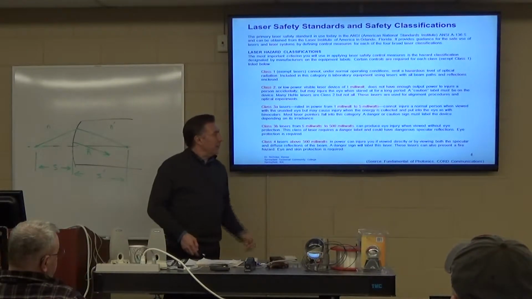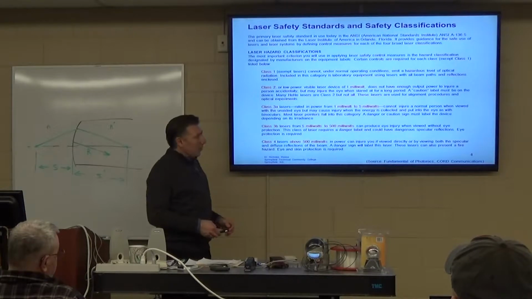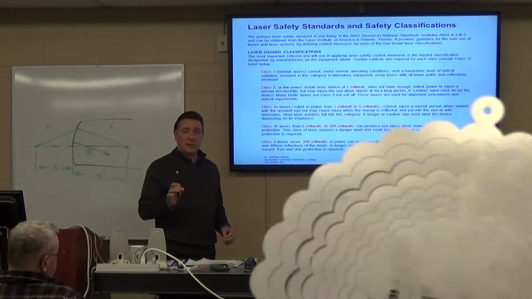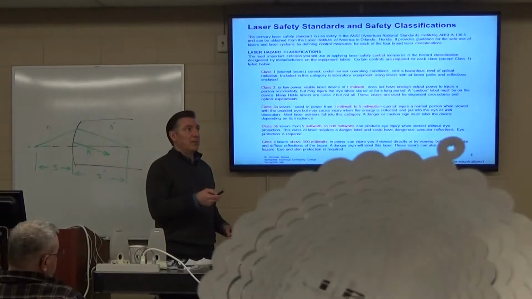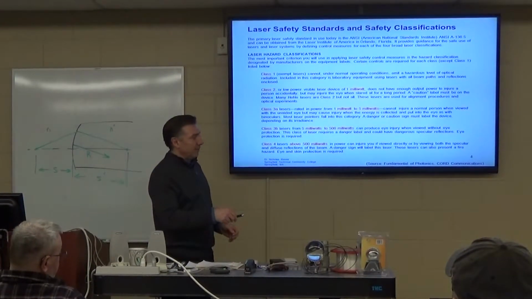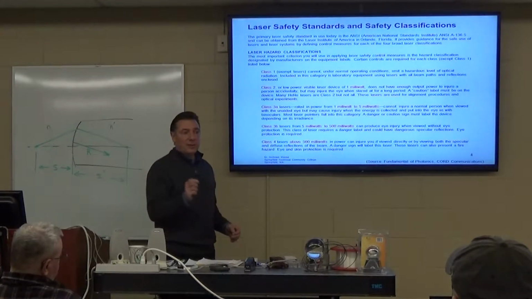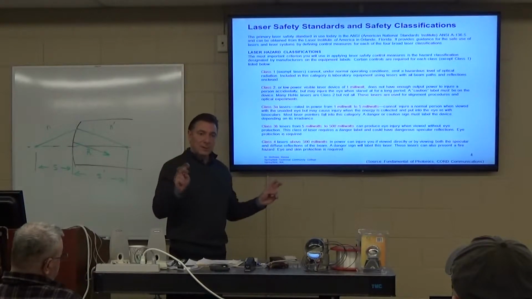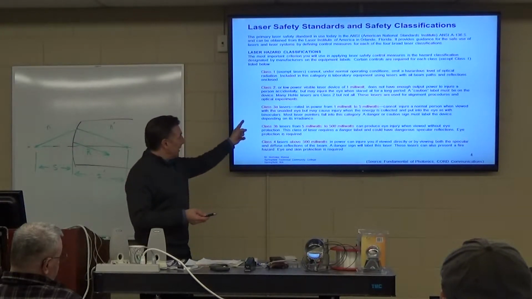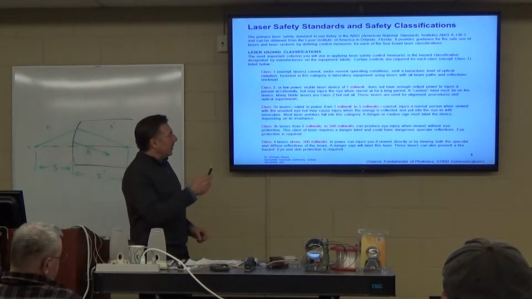Class 3A are lasers that are rated from 1 to 5 milliwatts. Most laser pointers are class 3A. This is a 4 milliwatt laser, a red laser here you can see over here. That's about 4 milliwatts. This is considered eye safe. Basically, if it's viewed with a normal, unaided eye, it may cause injury.